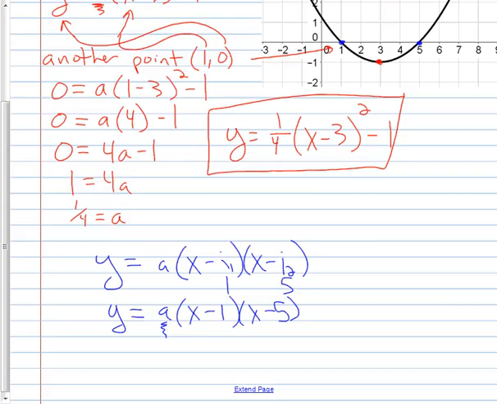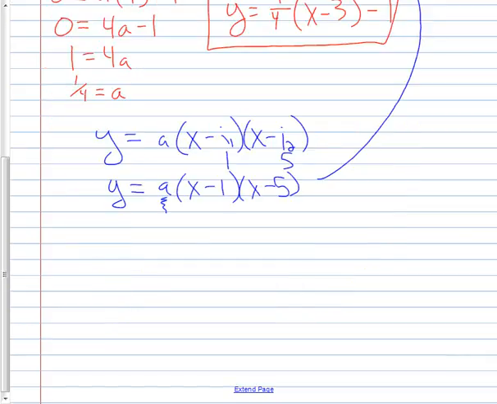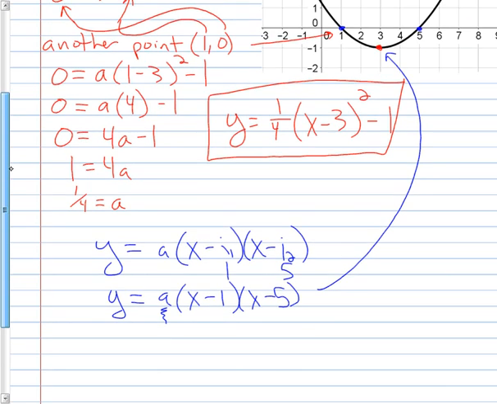Also, just like vertex form, we choose one other point on our graph to plug in for x and y and solve for a. In this case, we can use the vertex because we haven't used the vertex point in our equation at all. We couldn't use an x-intercept because we already used the x-intercepts for the 1 and the 5. So let's plug our vertex in, and the vertex was (3, -1).